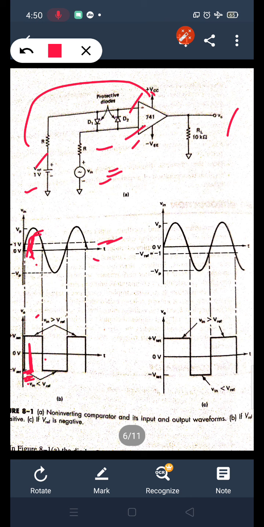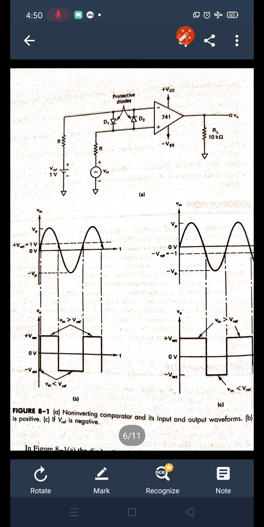Then the voltage at the non-inverting terminal is greater than the voltage at the inverting terminal, and hence our output voltage V0 switches from minus V saturation to plus V saturation, which is approximately equal to the value of VCC.